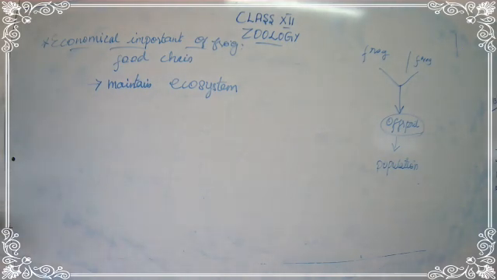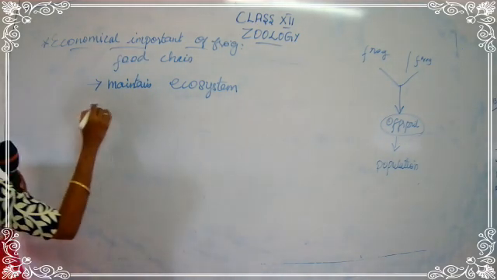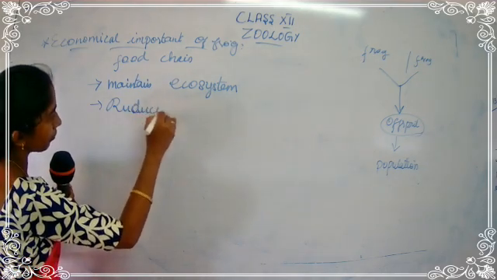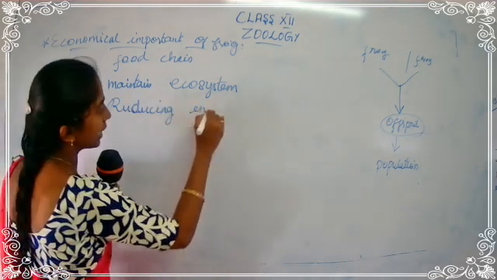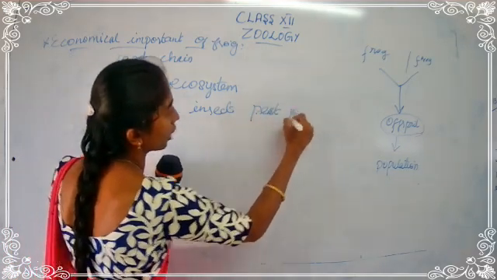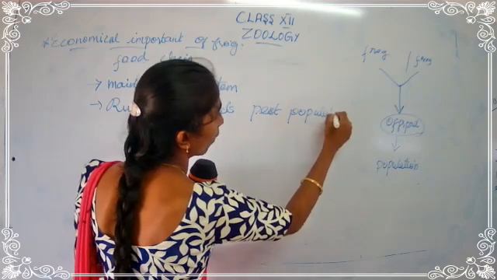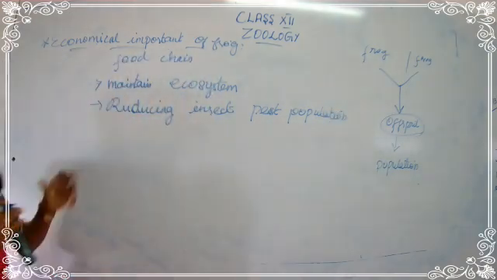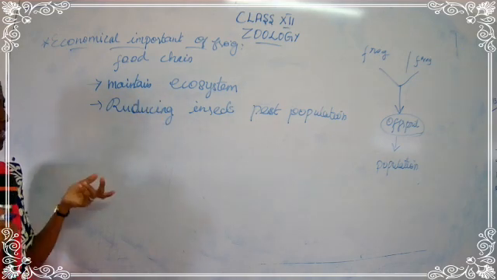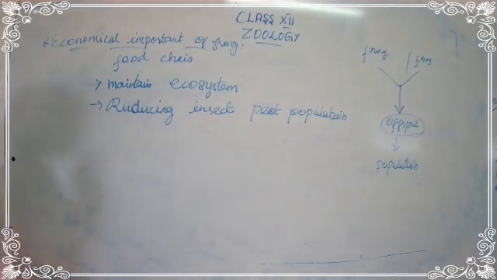Then the second point: reducing the insect pest population. Because it plays a major role in the food chain, the frog reduces the insect pest population.